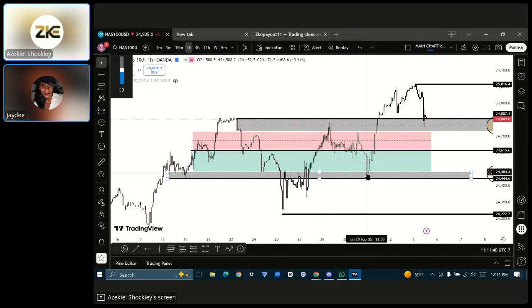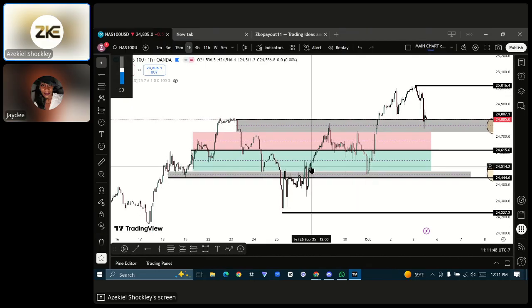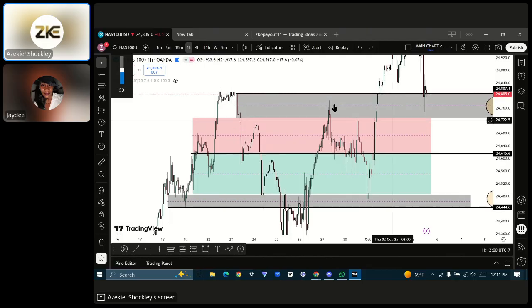So you would consider price being overbought if it's above the point of interest? On a macro scale, price is oversold the moment it breaks this, and price is overbought the moment it breaks this. Now, on a more micro perspective, the market is overbought when it breaks this red range, and the market is oversold when it breaks this blue range.